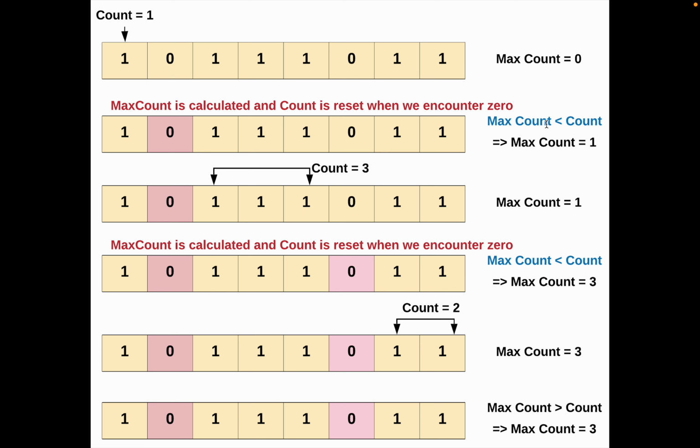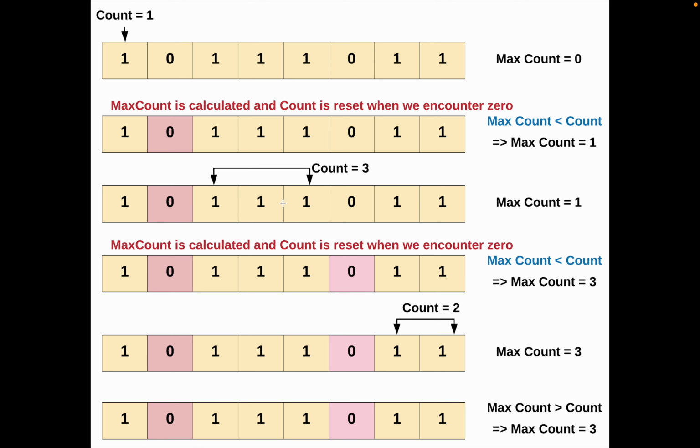The max count, as we see, is 0 before, and now it is less than count because count is 1. So the max count is equal to 1 because we assign the count to the max count, and then the count is reset to 0.